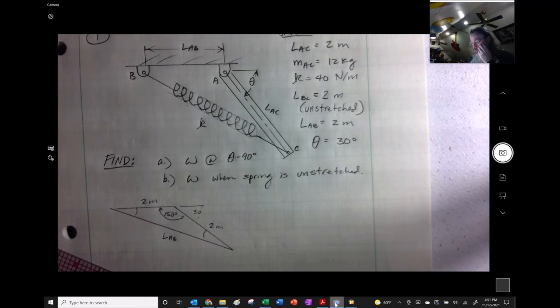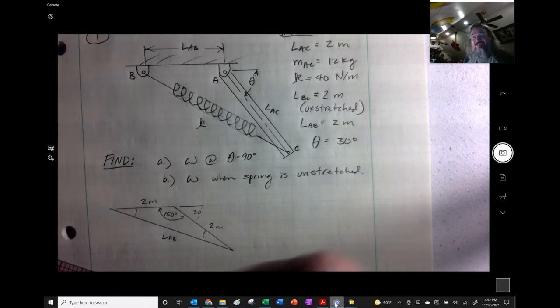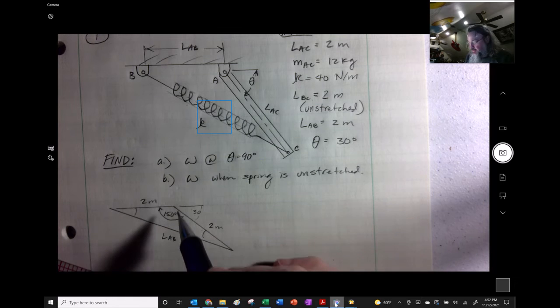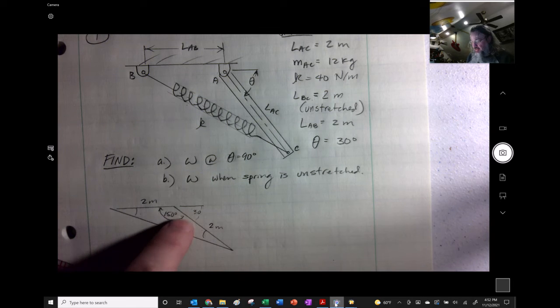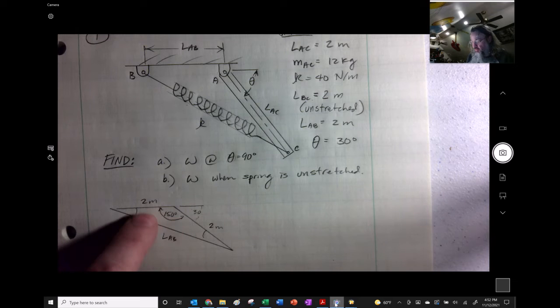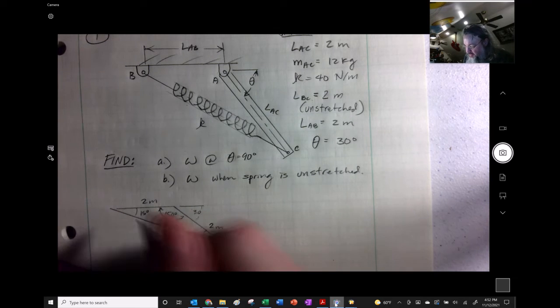They should both be like 15 degrees. Is that right? They have to be equal to each other, and all these angles add up to 180, so with 150, these must be 15 degrees each.